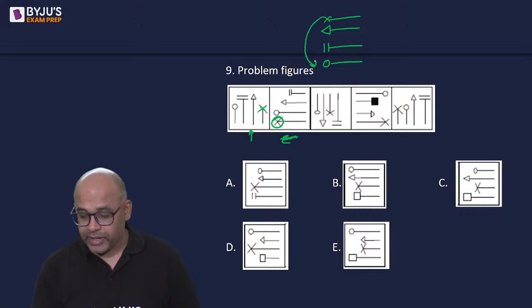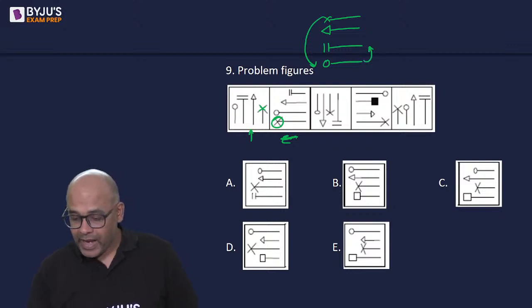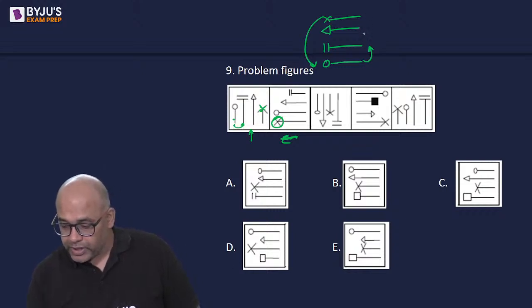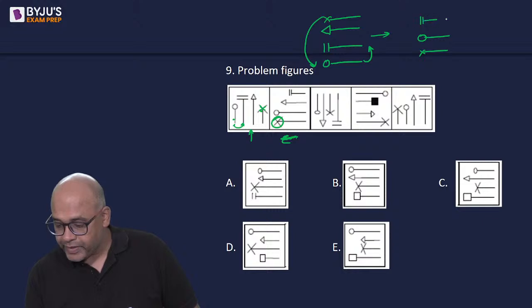This came down, this went up, and this part came down and this part went up. So these two got interchanged. There is supposed to be a circle here, and now there are two things at the top.